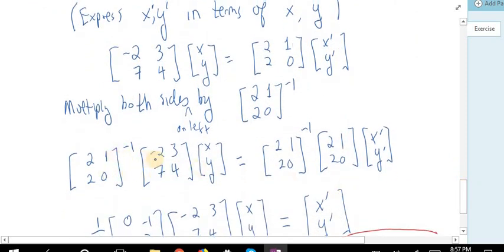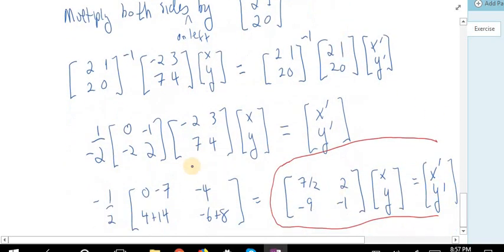Multiply by the inverse matrix on both sides and do the calculation, and on the left-hand side it gives me a product of matrices times xy. On the right-hand side it just gives me x prime y prime, because as I said, this inverse times this matrix gives me the identity matrix. Once I work out this matrix, I get the result. I express x prime y prime in terms of xy. Okay, so these three related problems, we'll have some chance to practice these.